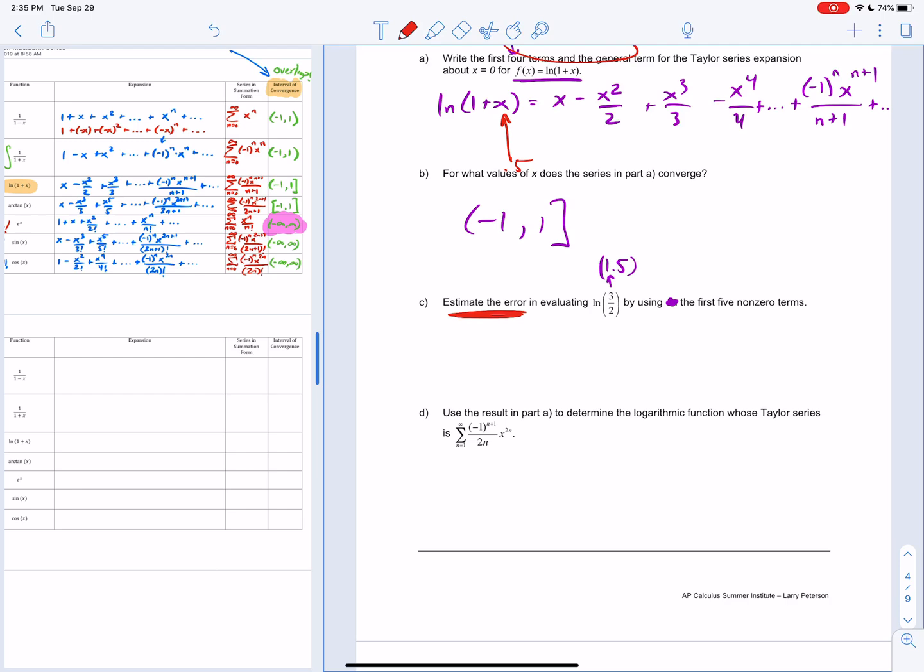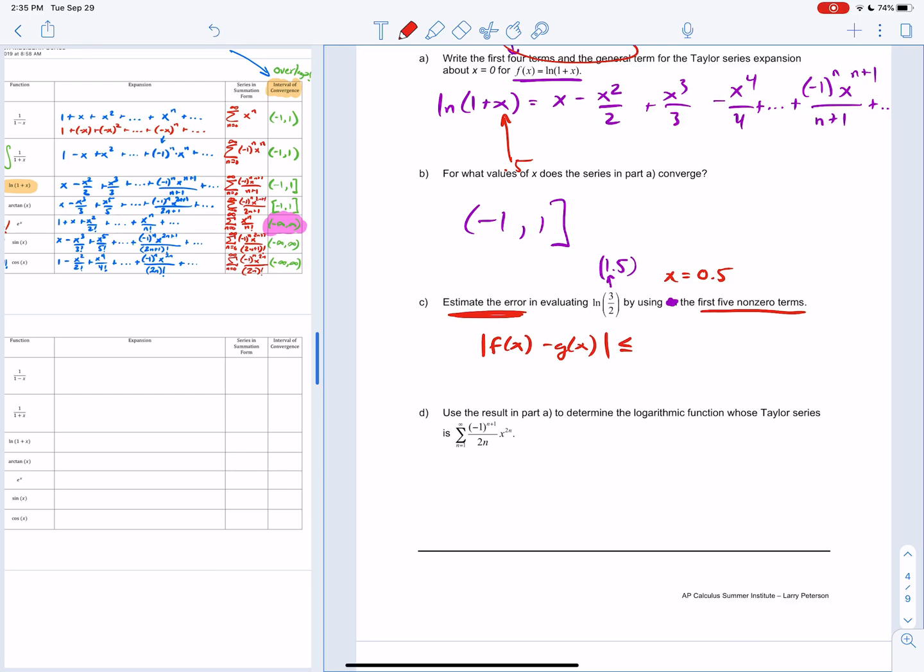So what we do here is, if we want to estimate that, x is equal to 0.5. Just keep that in mind, all right? So what we want to do here is, we want to find the error, okay? The absolute value of f minus g, that's already understood to the AP readers that means error, okay? We know it's going to be at most what, right?